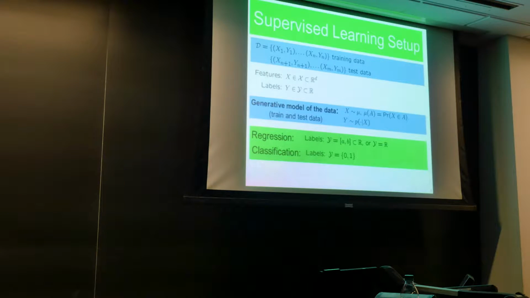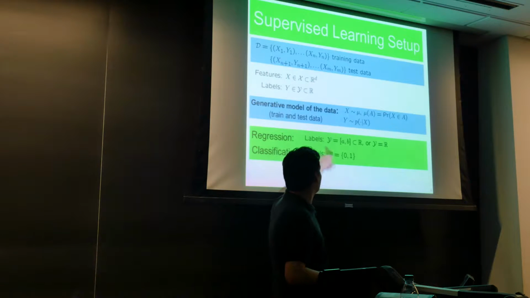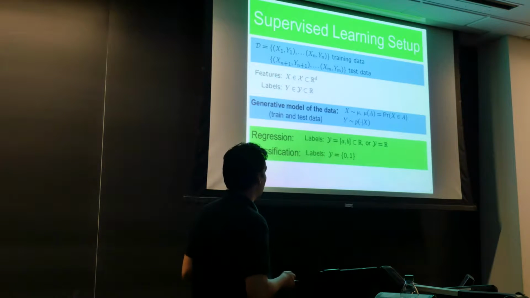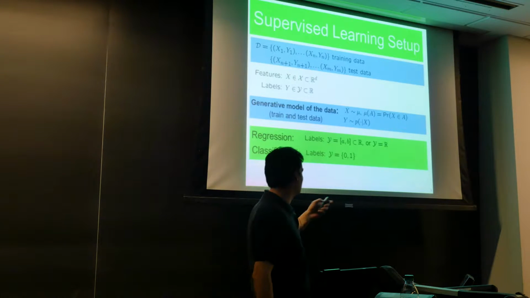So the feature vectors x are samples from some distribution P_X, which I just denote with mu, and the class labels are sampled from a conditional distribution given x. In a regression problem, of course, the labels are, say, in an interval [a, b]. In classification, they could be just 0 and 1.